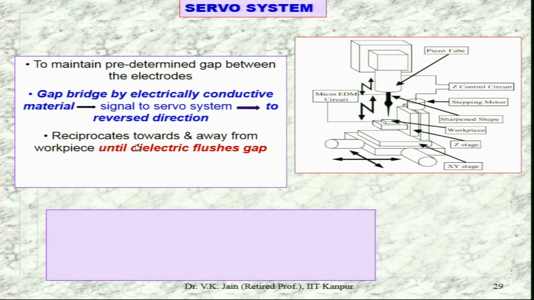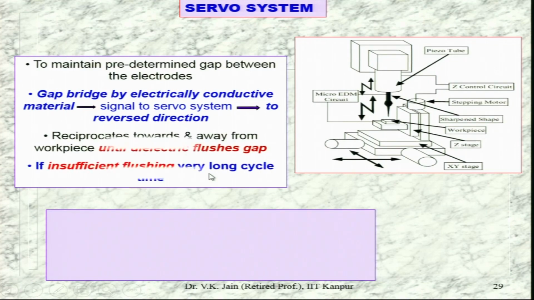That is what is written here. The servo system reciprocates the tool towards and away from the workpiece until the dielectric flushes out the debris from the gap.